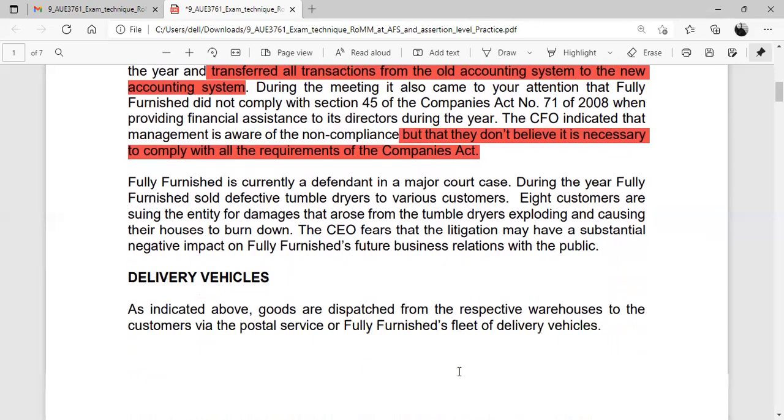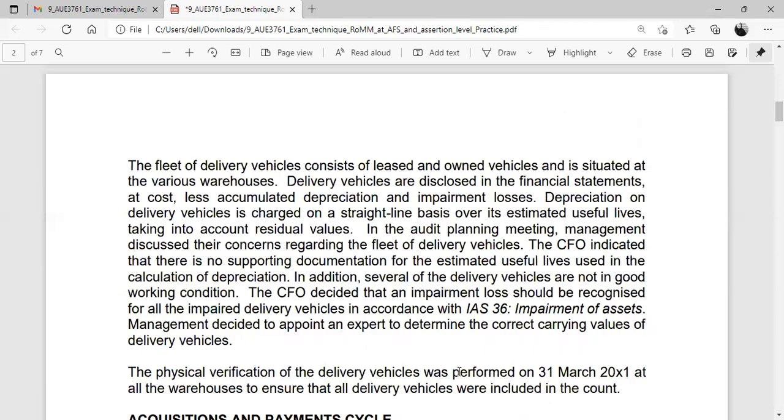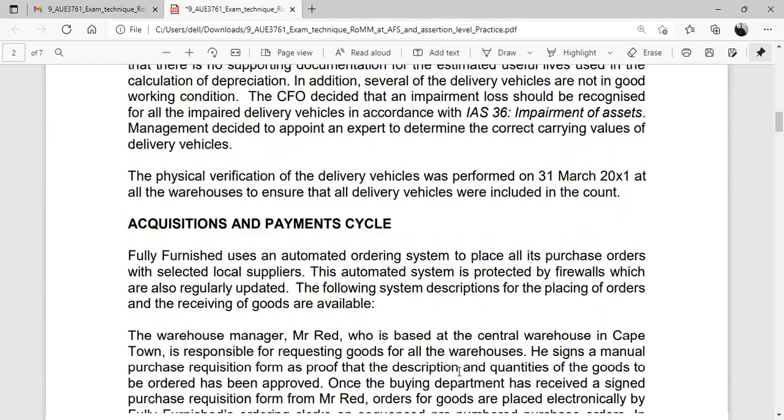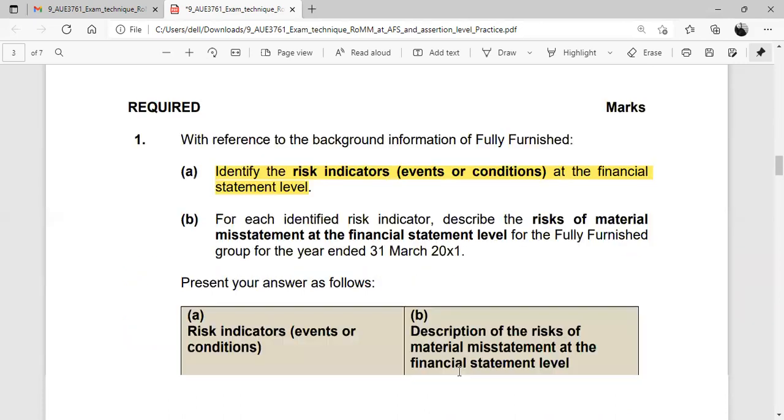Just to say thank you to Zintle, because what she just mentioned, if we were to be asked at assertion level, we can use her reasoning to say they might not disclose the litigations. Absolutely. It's actually a very good point. Yes, thank you, Zintle. Good.